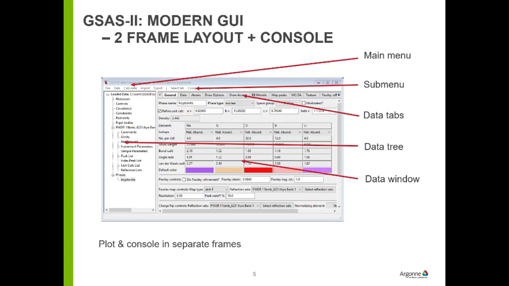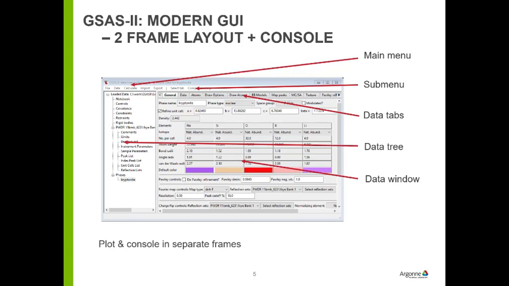Under calculate there are things like refine, do the Rietveld refinement. Also under there is absorb and F prime, which calculates absorption corrections, things like that. We talked about that earlier. On the other side of this line are commands specific to whatever is being displayed here, and it will change from time to time depending on what you have selected.